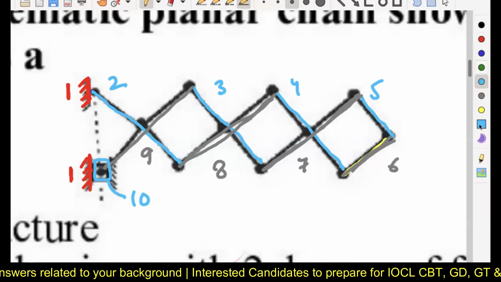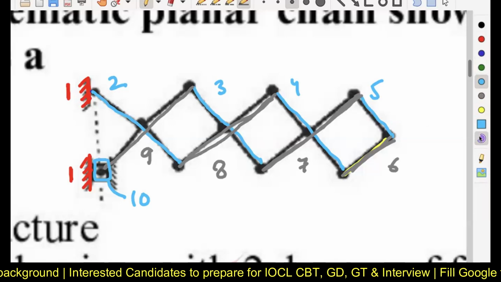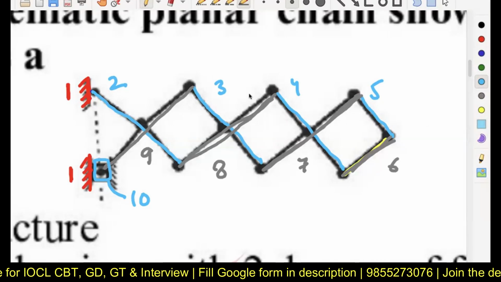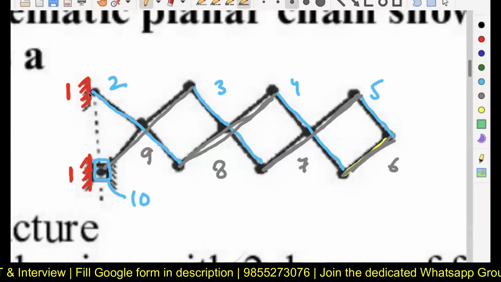Now, let us calculate the number of joints here. How many joints are going to be there? Just see.